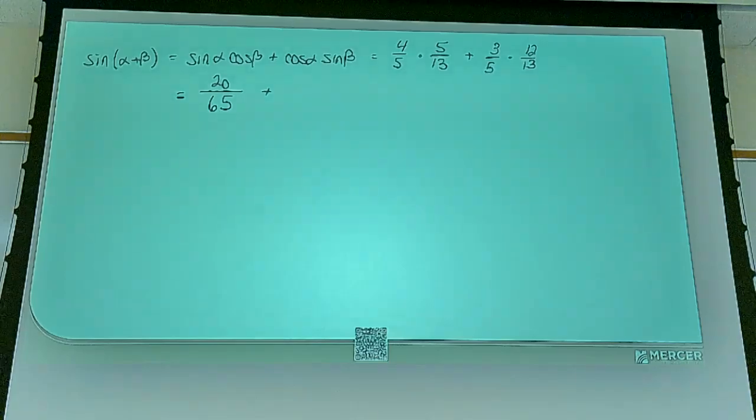What's 3 times 12? 36. Oh, look at that. Same denominator. What's 20 plus 36? 56.